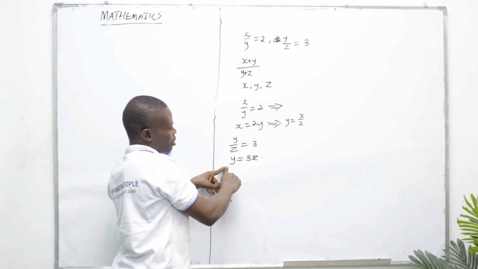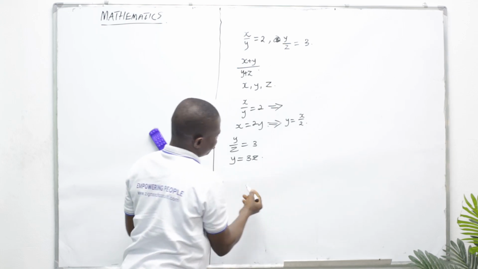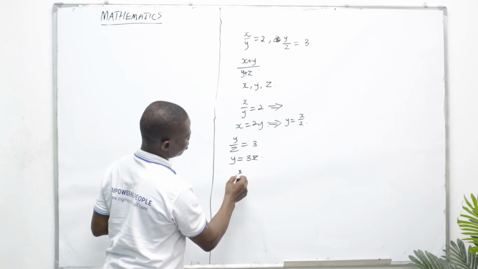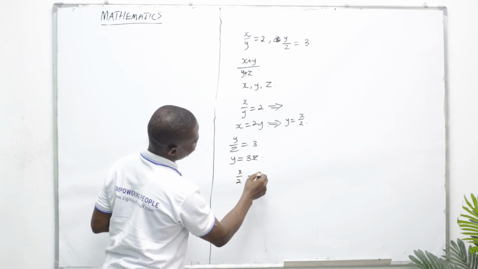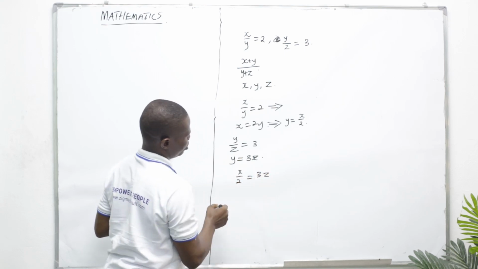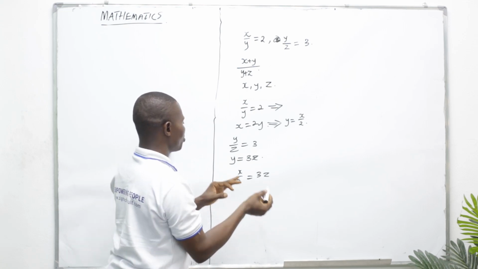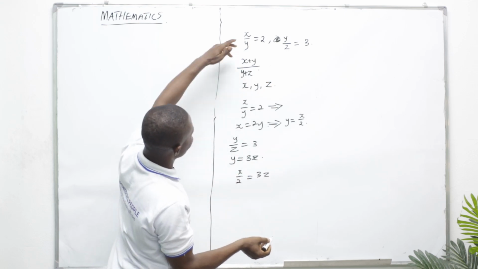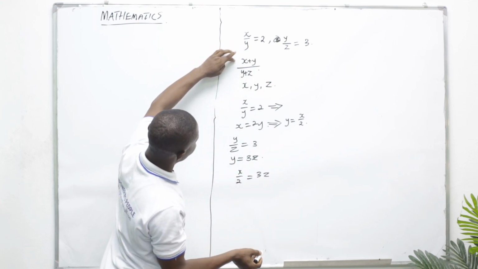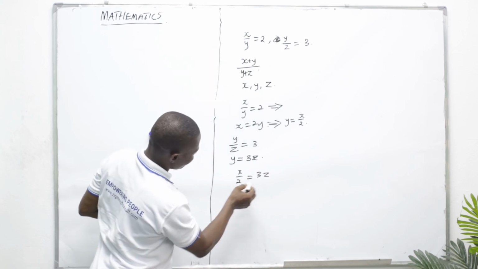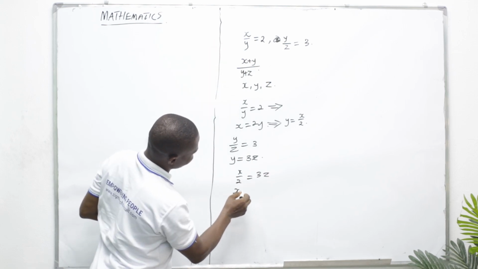If y is this and y is this, you can equate two of them together by saying x all over 2 equals 3z. So whoever you want to make subject of the formula, or however you want it, consider what you have. You have x, you have y, you have z. From here, we can say x equals what?